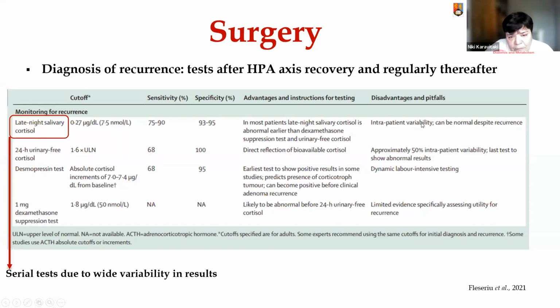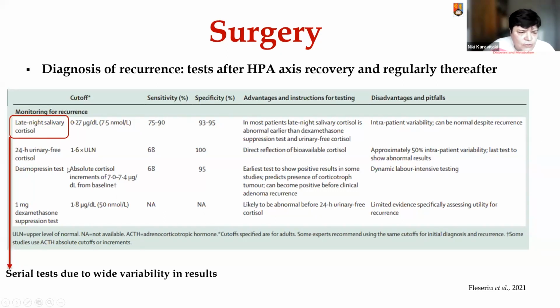And so the late-night salivary cortisol is abnormal earlier even than the dexamethasone suppression test or the urinary free cortisol. The 1 milligram dexamethasone suppression test is likely to be abnormal before we see high 24-hour urine free cortisol. And then the 24-hour urine free cortisol, a direct reflection of the bioavailable cortisol, is the last test to show abnormal results.